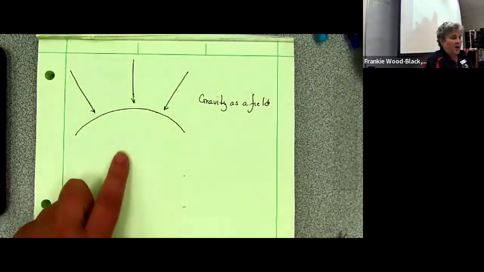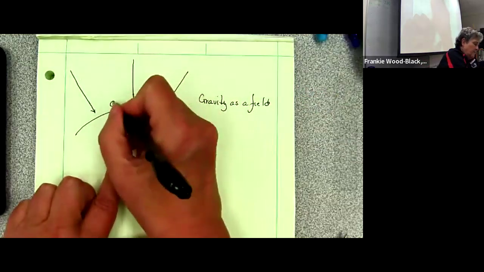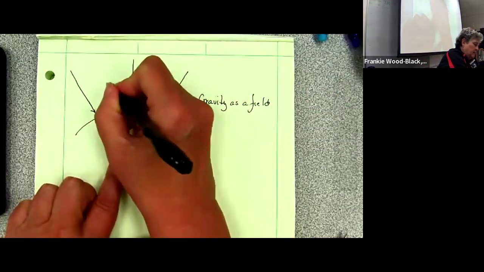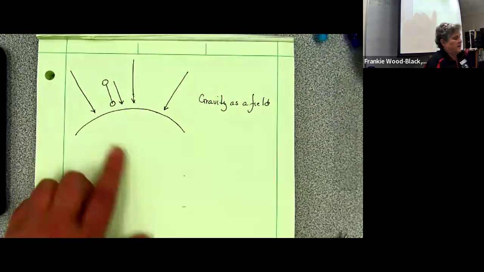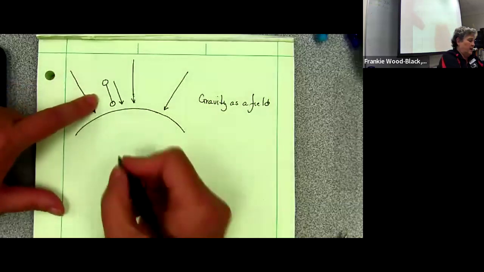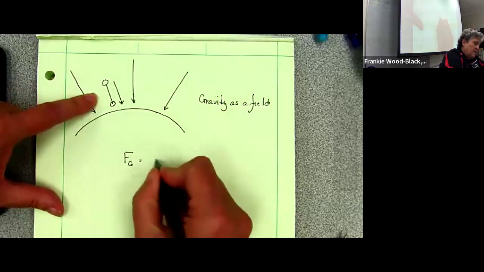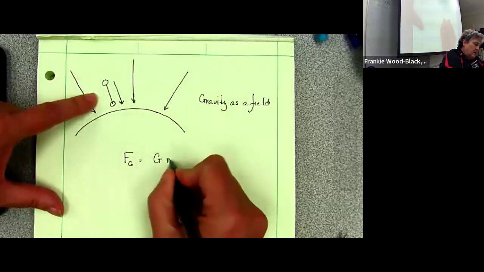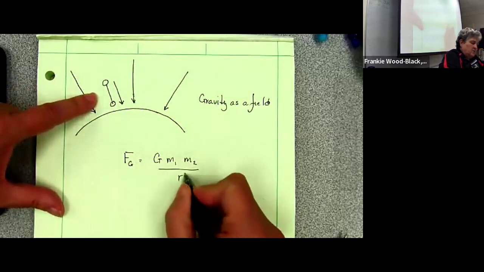Some things that we know is if I take my object and I move it up to a new height here, it's still going to be attracted towards the center, but I've done something to it. And if we look at Newton's law of gravitation, remember it's big G, mass 1, mass 2 over the distance squared.